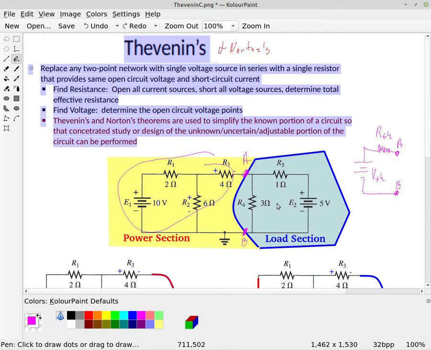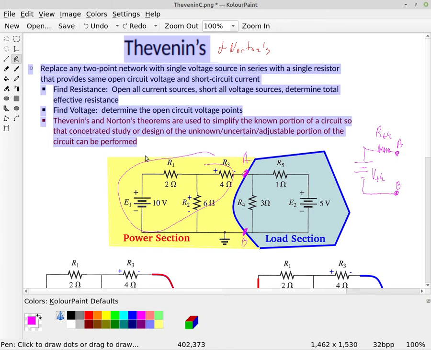Then we can concentrate on designing, or possibly we already have it designed, but we want to optimize or study the load section and not get bogged down by the complexities in the power supply section.